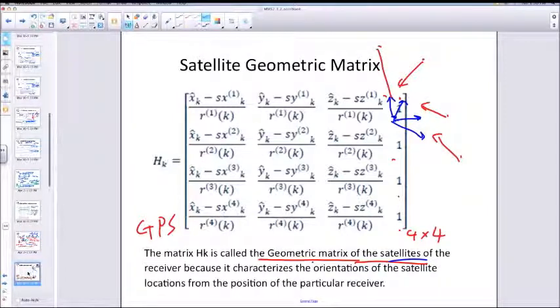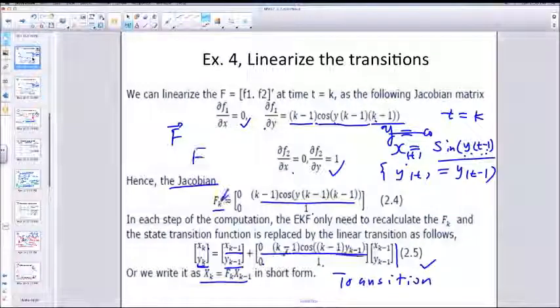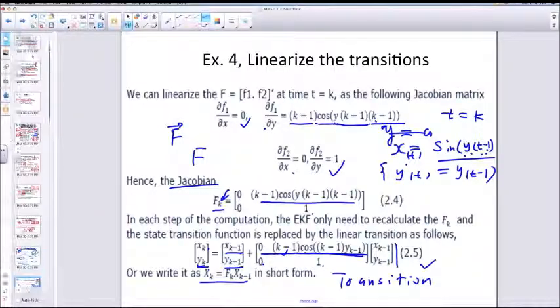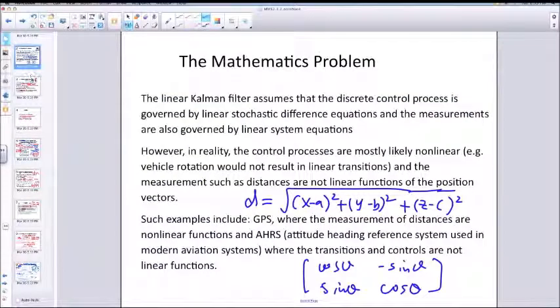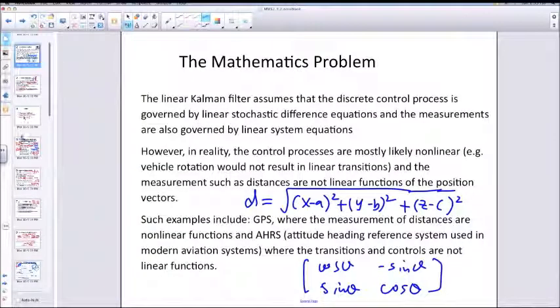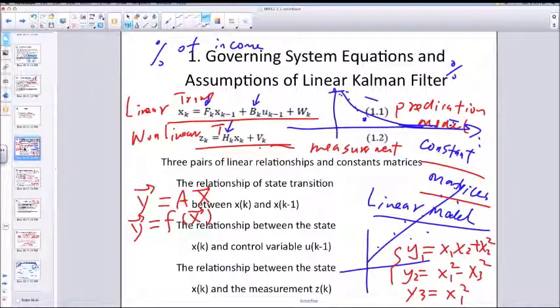When GPS does the calculation, what is that? That's the H of your model here. Let me show you. We still need the linear model. Now, that's your F. Even so, that's your H here.